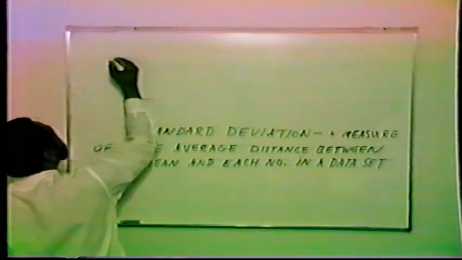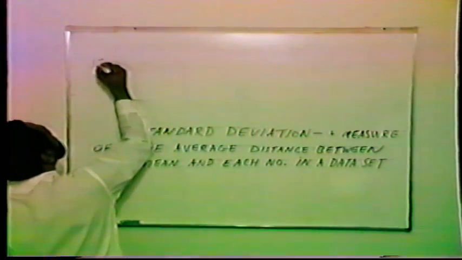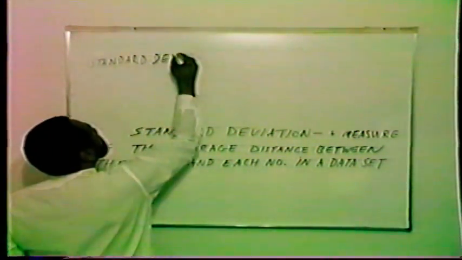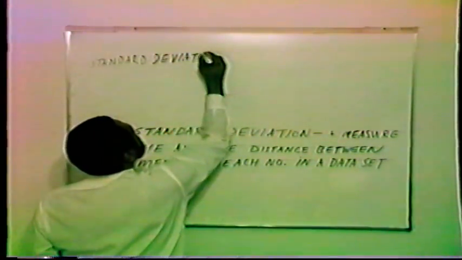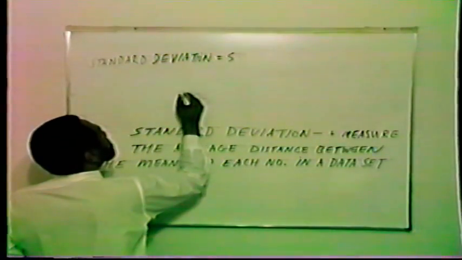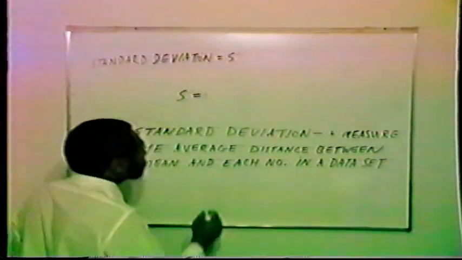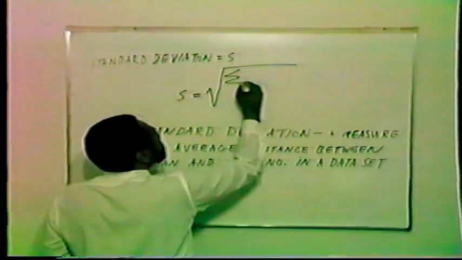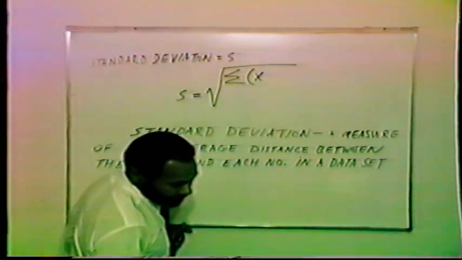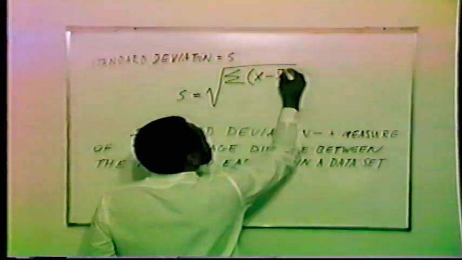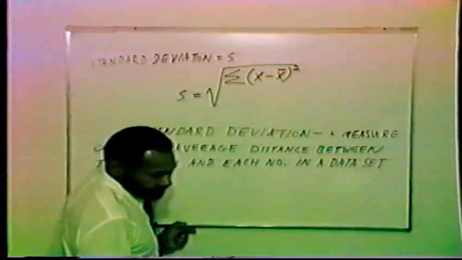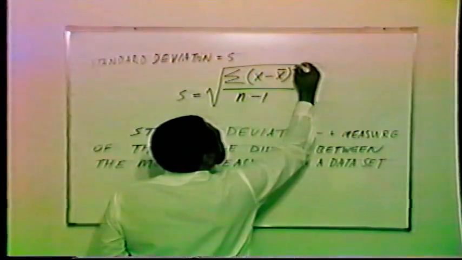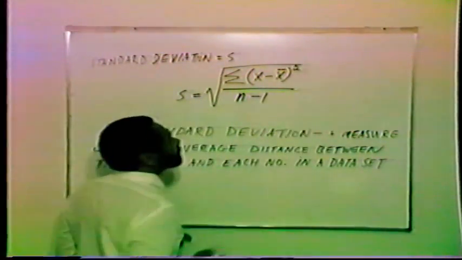The symbol for the standard deviation is S. And the formula is S equals the square root of the summation of x minus x bar, quantity squared, divided by n minus 1. This is the formula for the standard deviation of a sample.